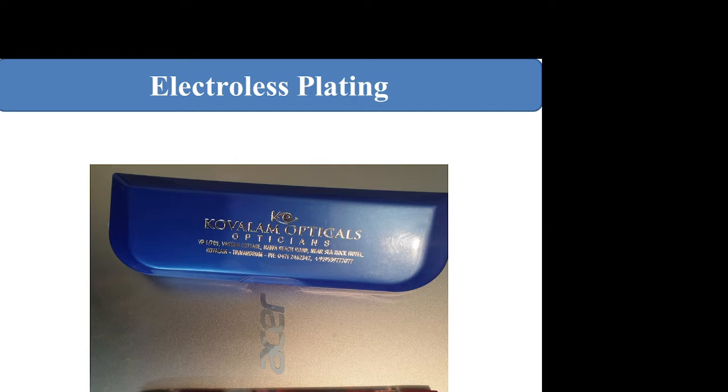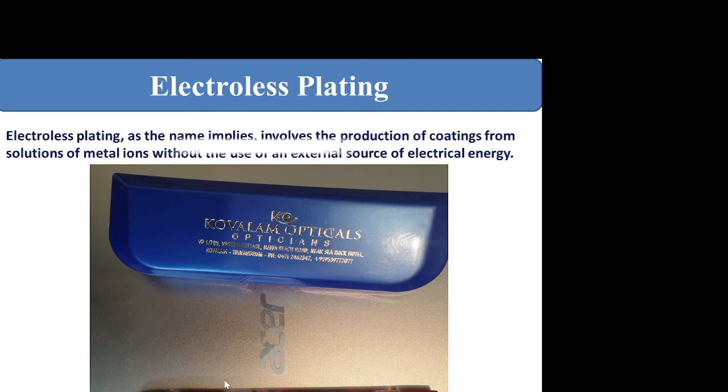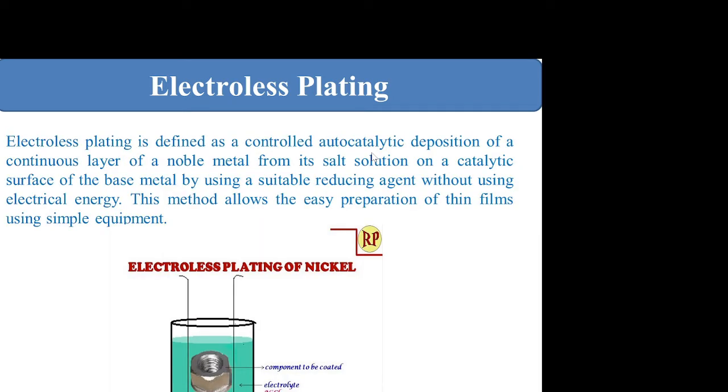Similarly, electroless copper plating is widely used in printed circuit board making, particularly in mobile phone boards, etc. We'll see that later. Electroless plating implies the production of coating from solution of metal ion without use of external source of electric energy. Let us see the electroless plating bath.